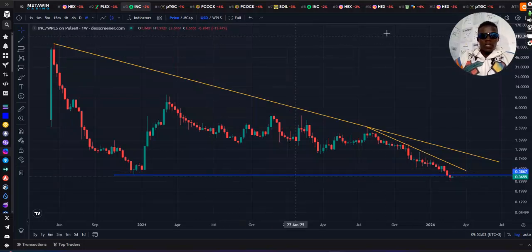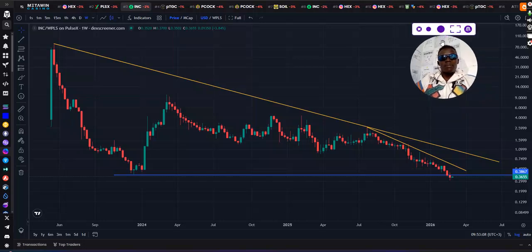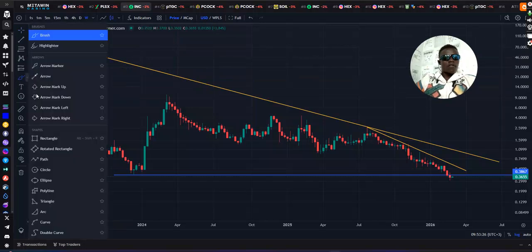In terms of the most liquid, it is PulseX, but then in terms of price, this token is trading far below the all-time high. You can see it was trading at $82.79.